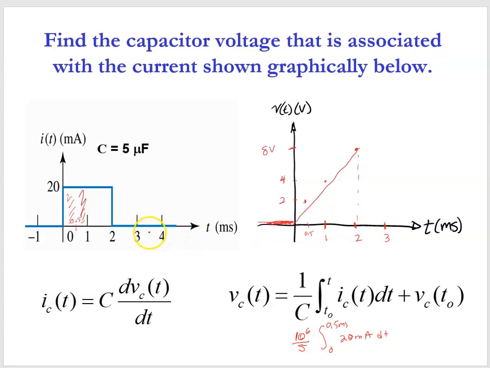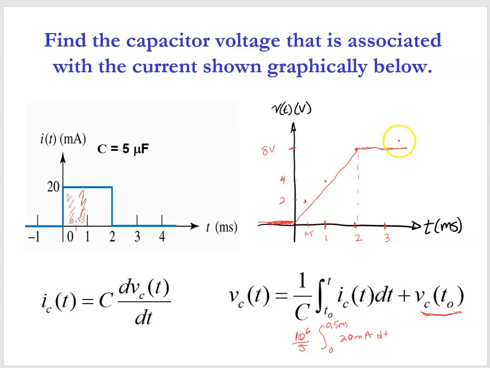Well, what happens then at 3? At 3 we have 0, but we have to add back in our V of 2 milliseconds, so we're going to end up leveling off. So that's the adding back in the constant of integration. We're adding up all the contributions. So all the contributions to the voltage, once it's completely charged, we don't lose that voltage, it stays there.